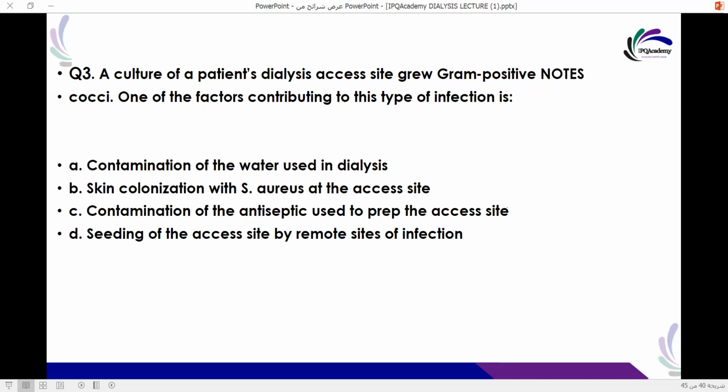The key word here is gram-positive cocci, referring to Staphylococcus organisms that represent the major colonizer of the human skin. So our answer will be B. The source of this organism will be skin colonization by this organism at the access site.